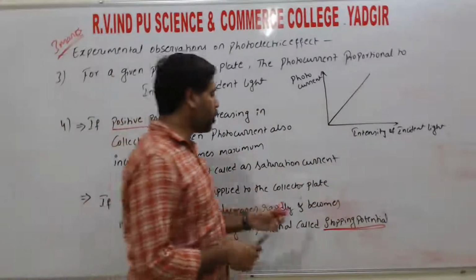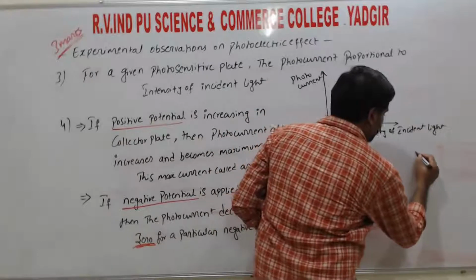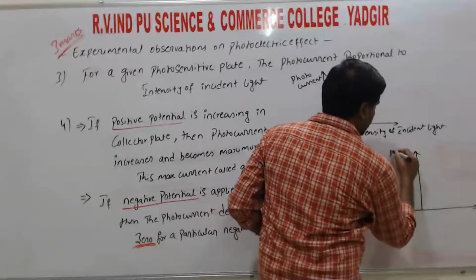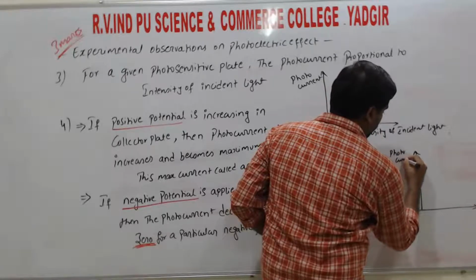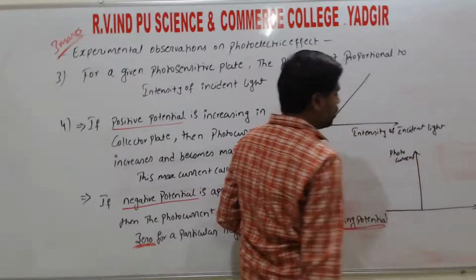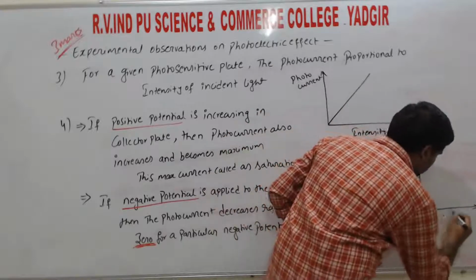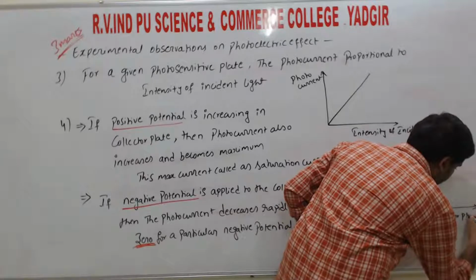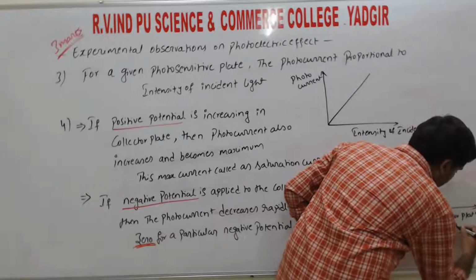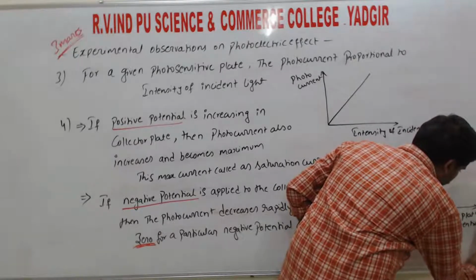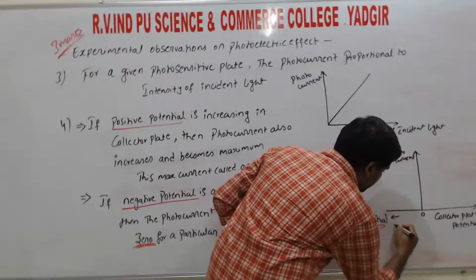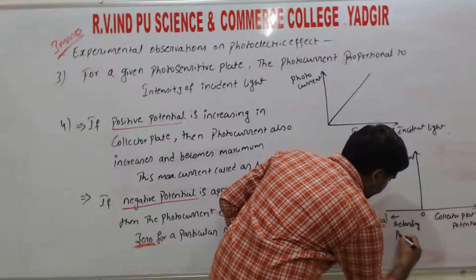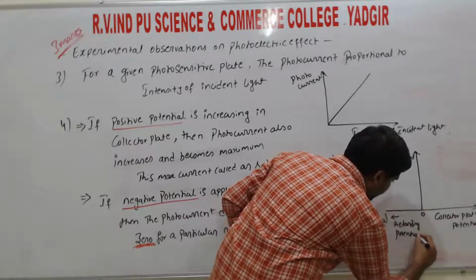If you plot the curve for this, that is potential versus photocurrent, the photocurrent we take along the y-axis, and here it is 0, towards the right is the collector plate potential, and here it is the retarding potential or negative potential.